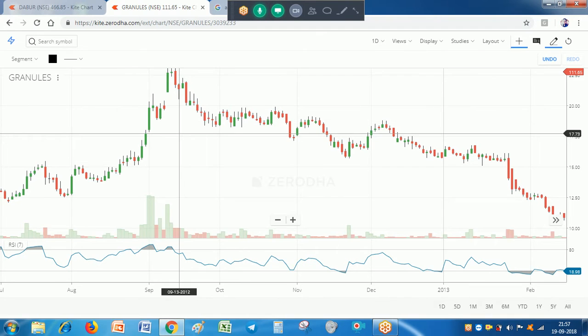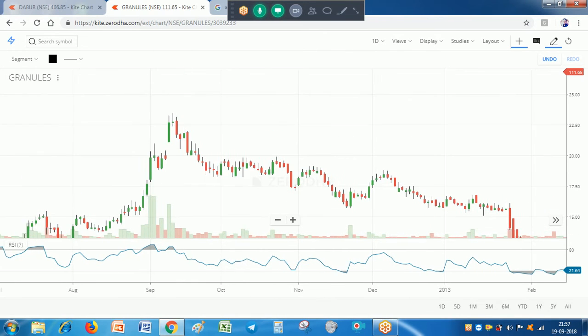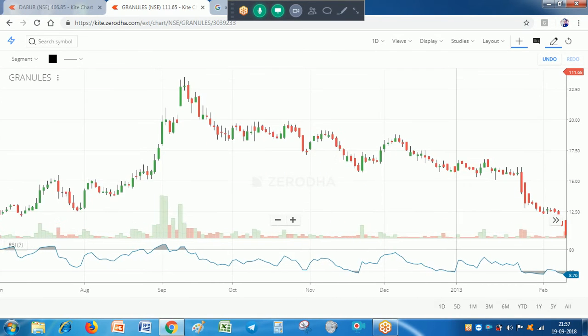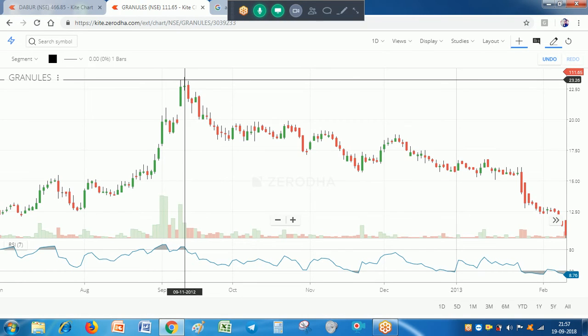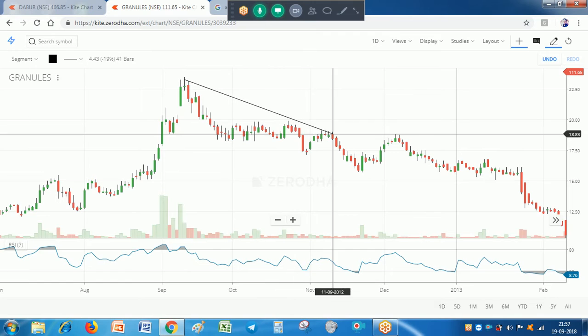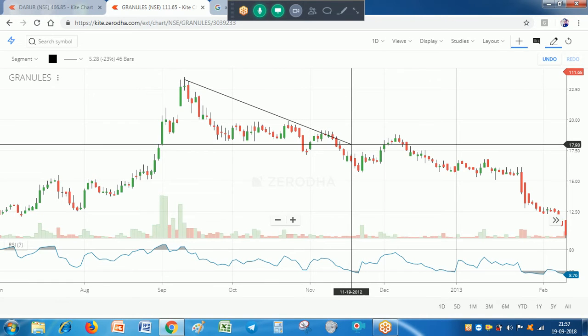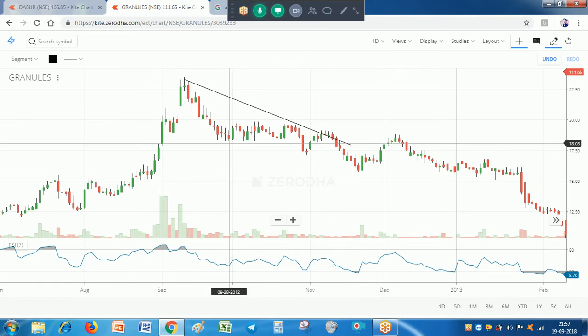You could see the stock is making a lower high condition, and there is an approximately equal low level.